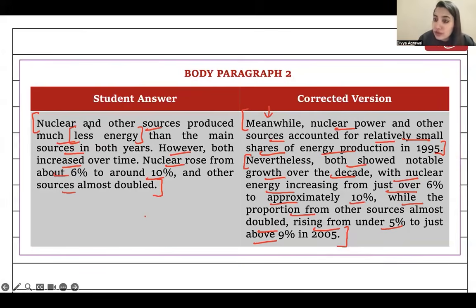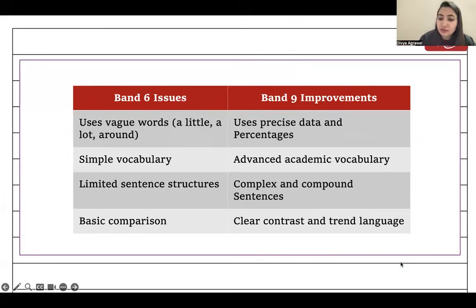I hope you understood now what you have to take care of. Now if we move ahead, we see some of the things which we improved, which let us improve our band. In band 6, using vague words, a little, a lot, around, and here we used precise data and percentages.